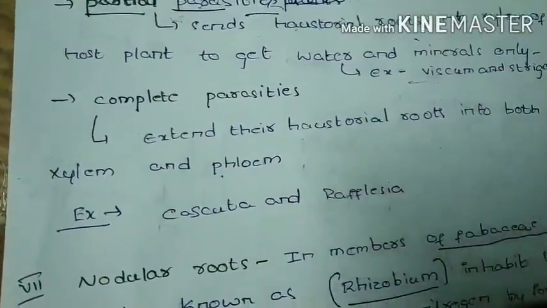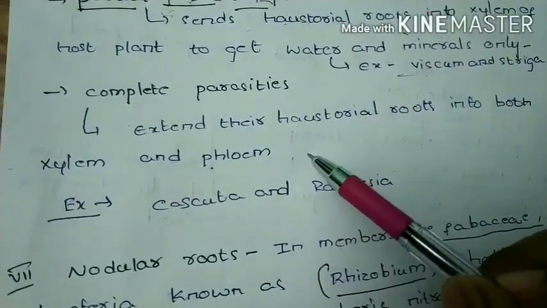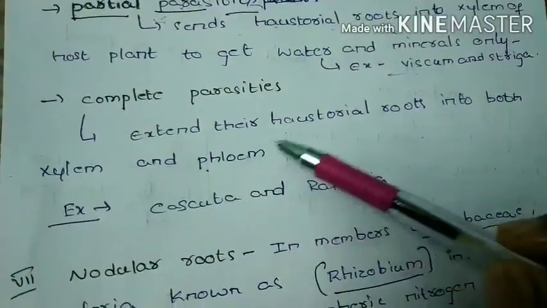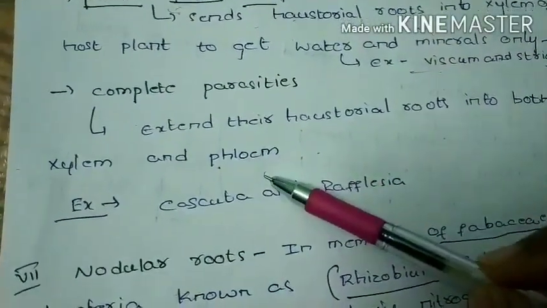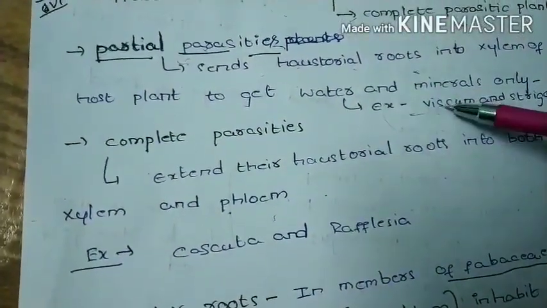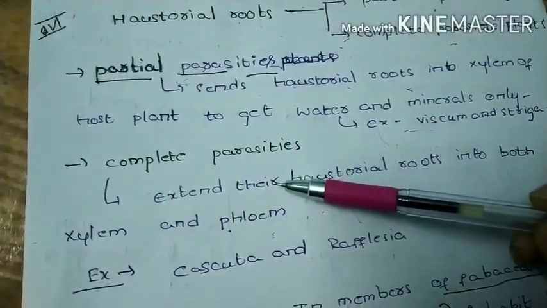Complete parasites extend their haustorial roots into both xylem and phloem, so they get food as well as water and minerals. But a partial parasite requires only water and minerals. This is the difference between partial and complete parasites.